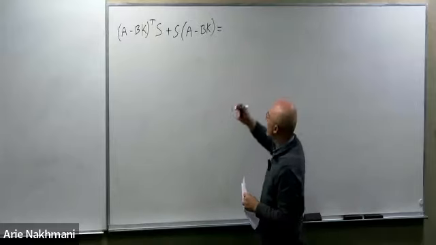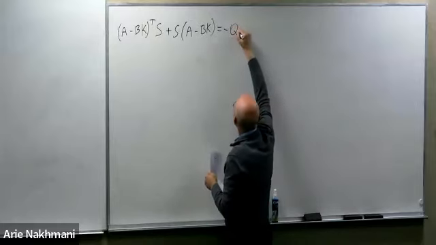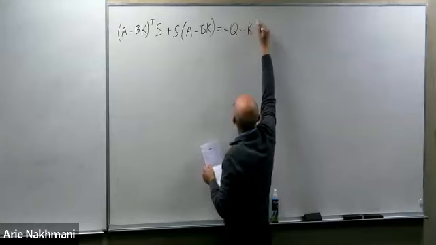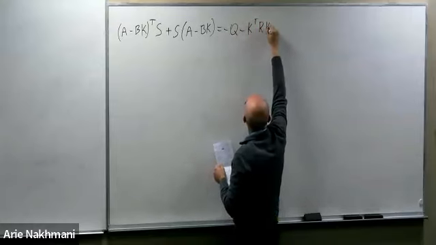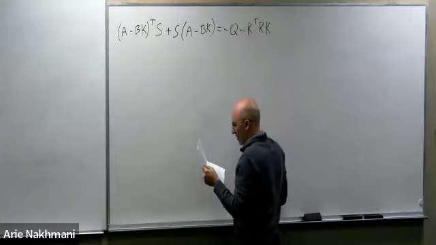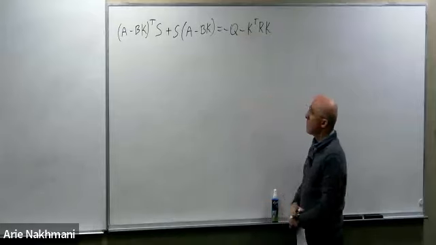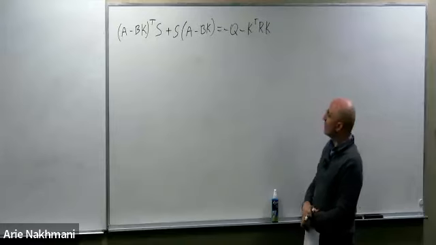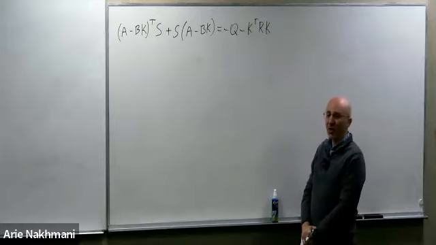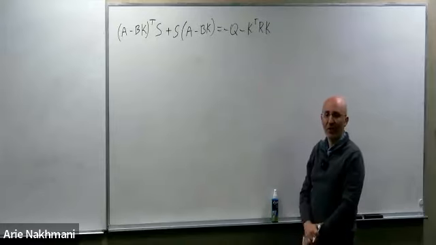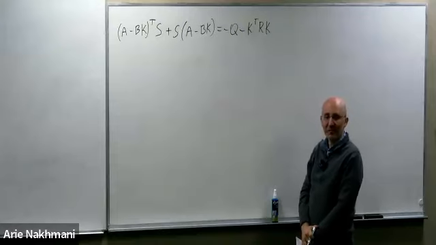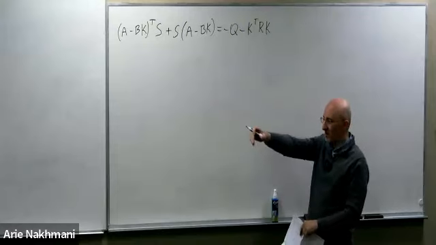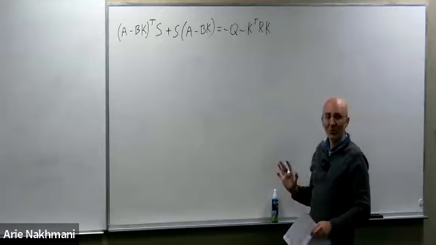But minus Q tilde is minus Q minus K transpose K, right? So this is what you get from that. This is the Lyapunov equation, so we know that this should be correct for that particular matrix S, which we defined as an integral. Any questions so far?